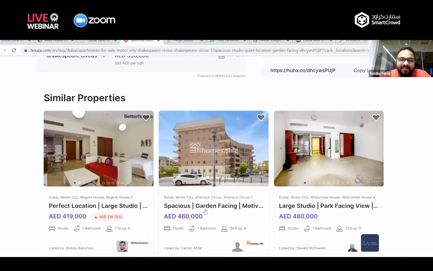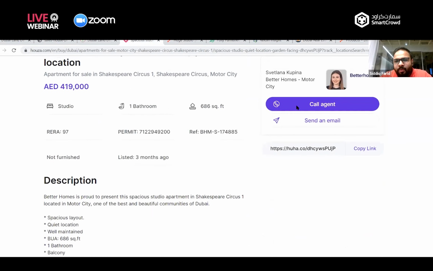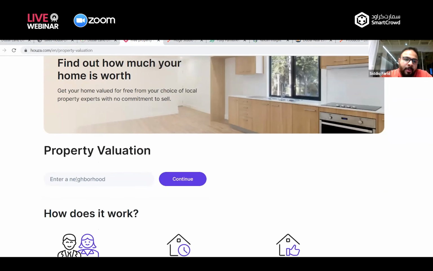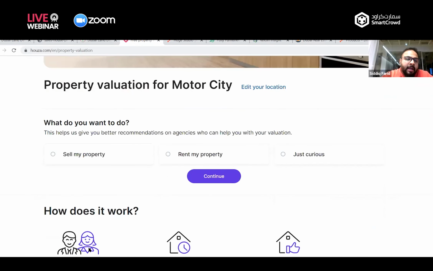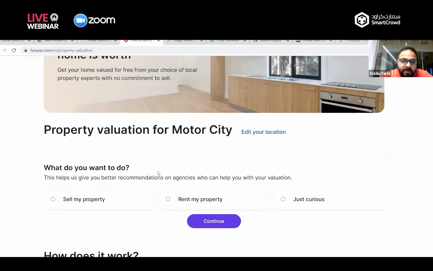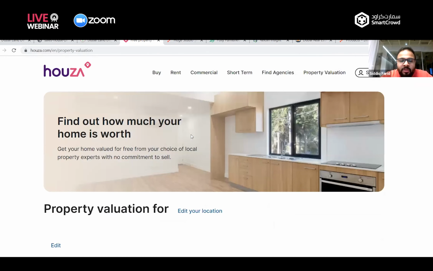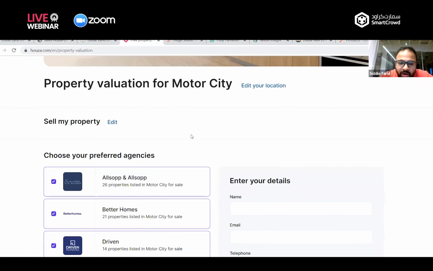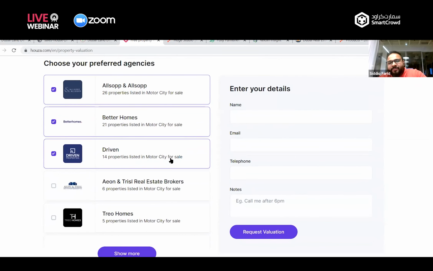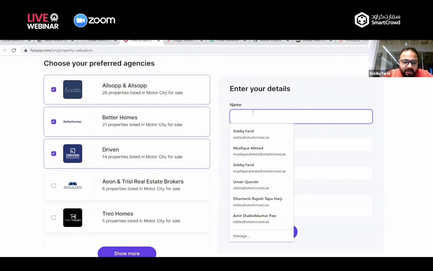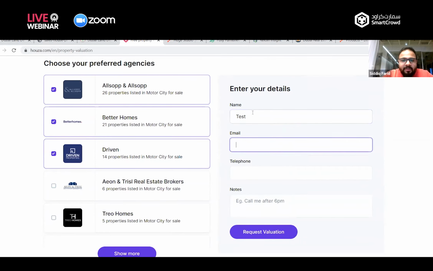There's another tool available here on Hausa where they provide property valuation. You can put in the area that you're interested in. Again, these people are in the business of selling properties, so all these things are behind a paid wall of some sort. I don't want to give my name or email address to these guys, so I'm not going to put in anything. But actually, let's see if it works.